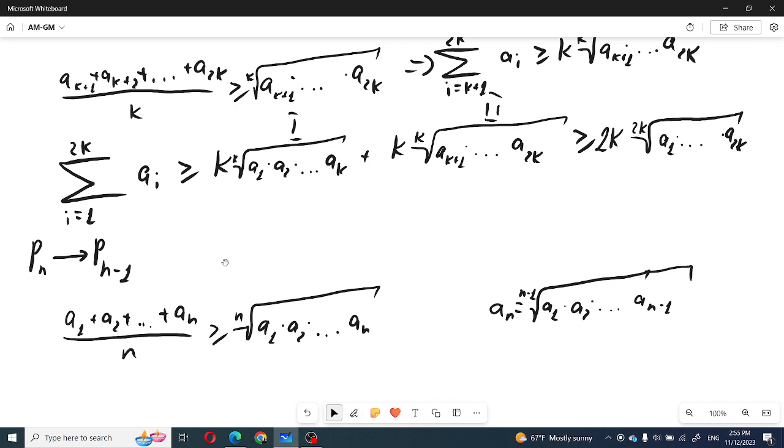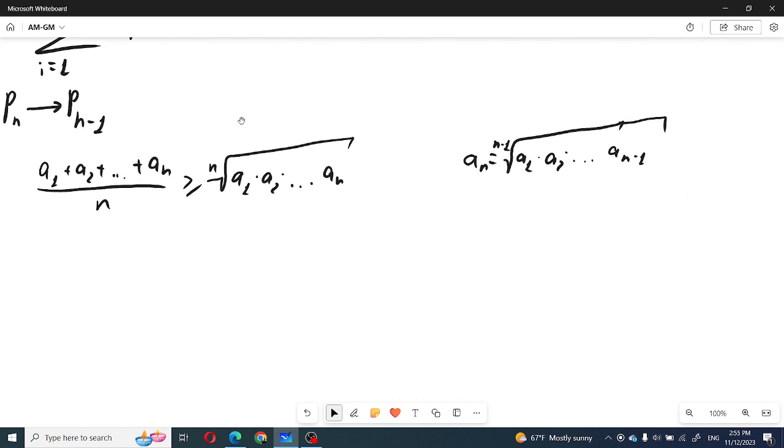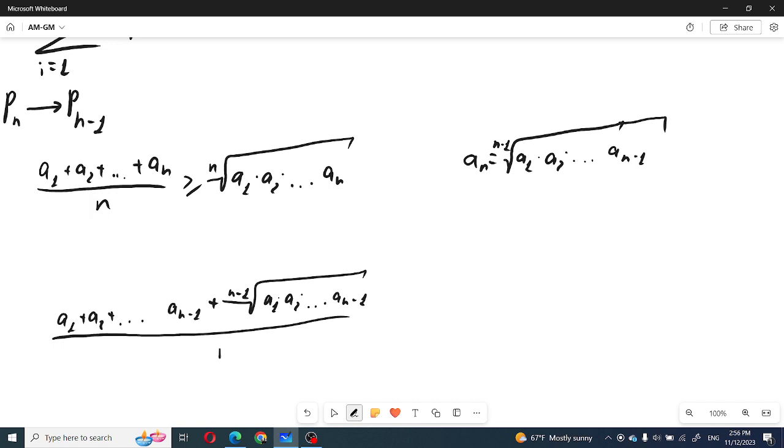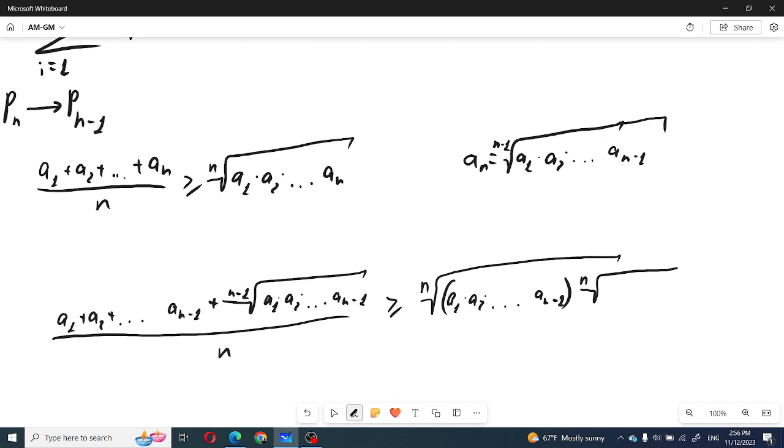Now look at what we get. In this case, we get that a1 plus a2 plus all the way up to an minus 1, plus the (n minus 1)th root of a1 times a2 times an minus 1, all over n, is greater than or equal to the nth root of a1 times a2 times an minus 1, multiplied by the nth root of the (n minus 1)th root of a1 times a2 times all the way up to an minus 1.